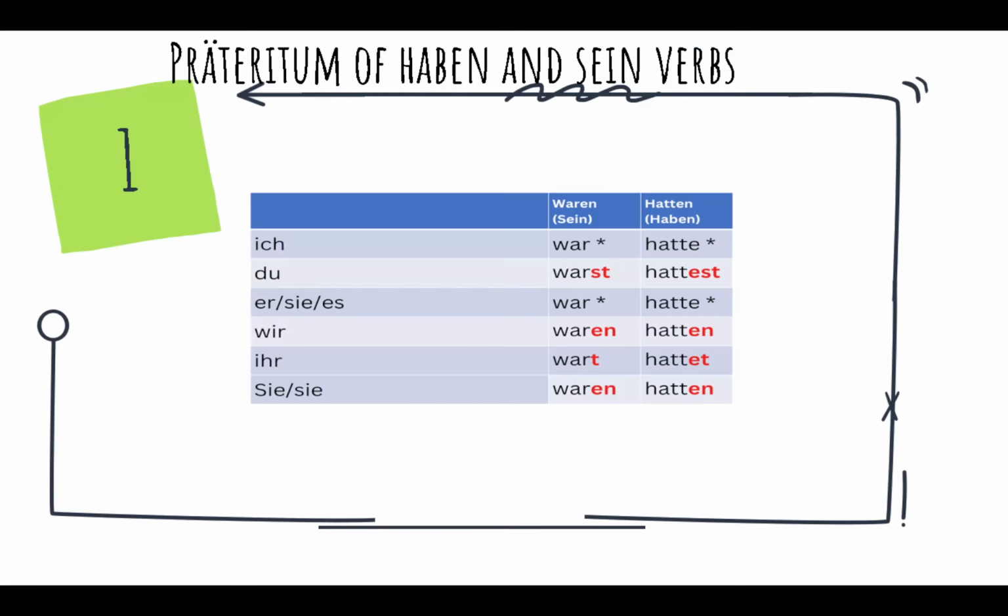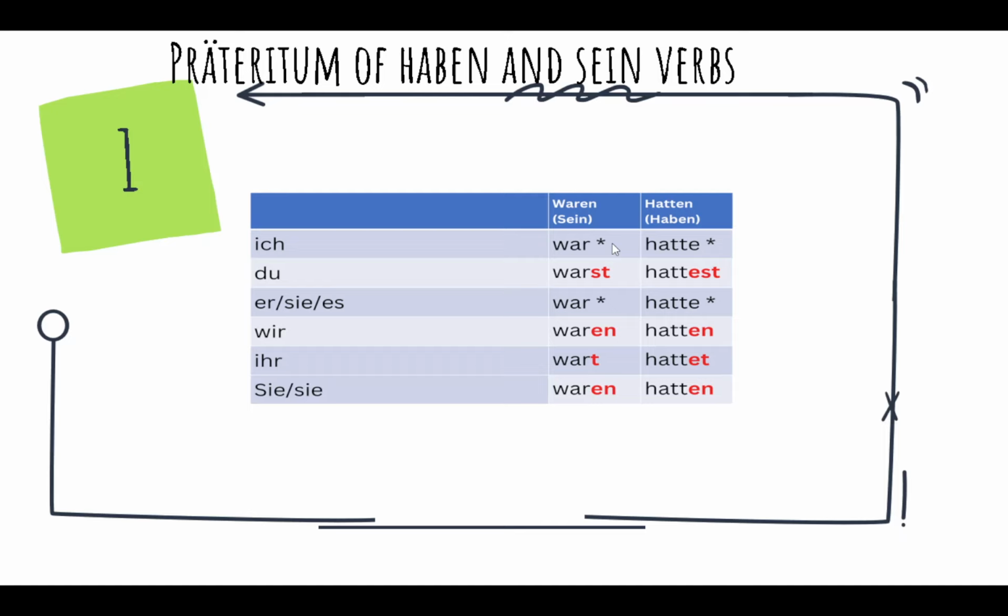Let's move on to the past form or the Präteritum of haben and sein verbs. These two are very important verbs in German. The past form of sein would be waren. And how do we conjugate this? We will say ich war, du warst, sie es war, wir waren, ihr wart, sie waren.